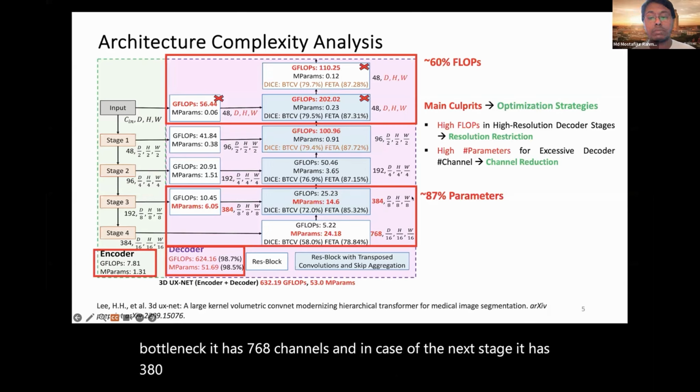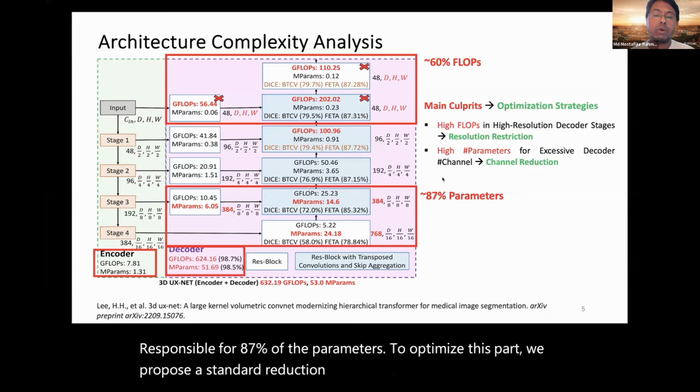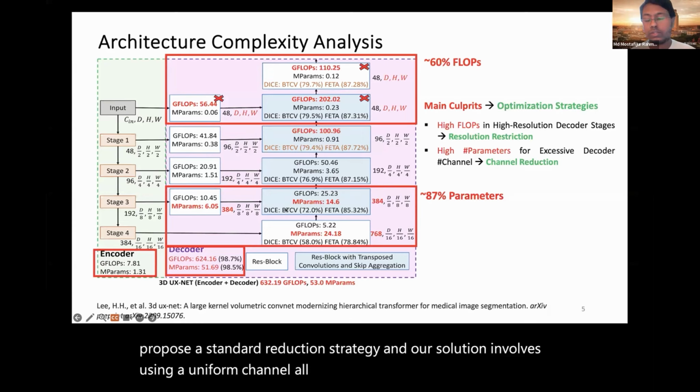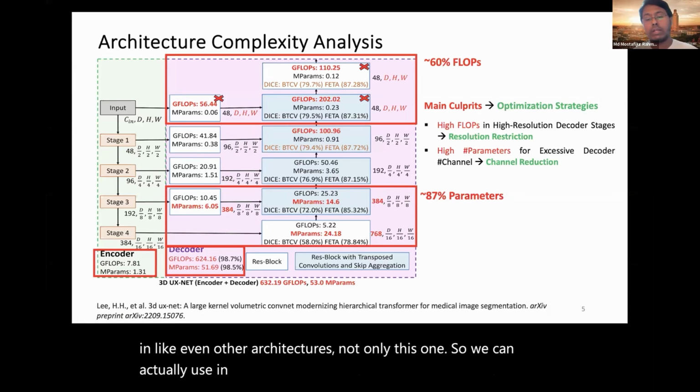That is responsible for 87% of the parameters. To optimize this part, we propose a channel reduction strategy, and our solution involves using a uniform channel count all over the decoder. This can be used in other architectures too, not only this one. We can use this optimization in any decoder-heavy architecture.